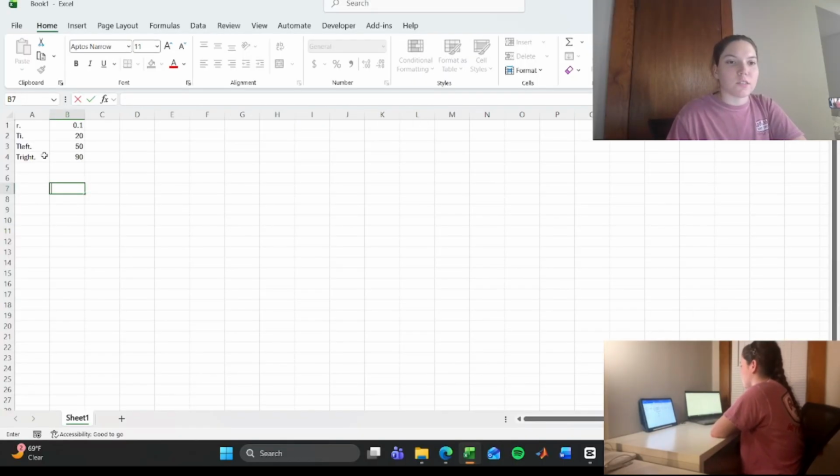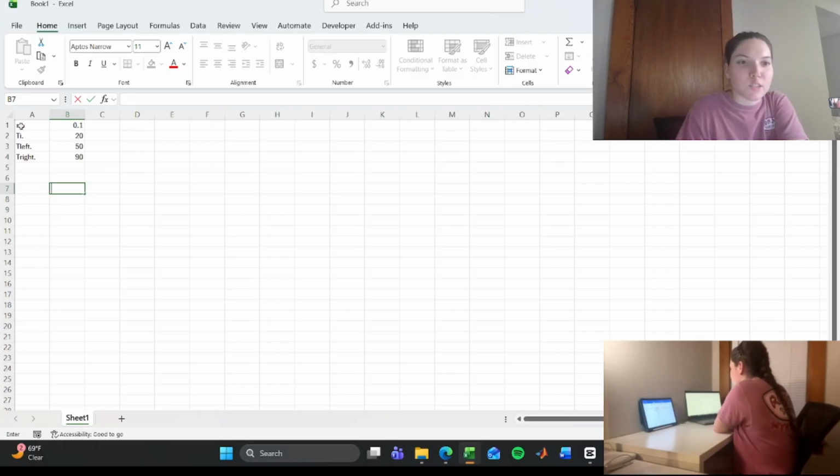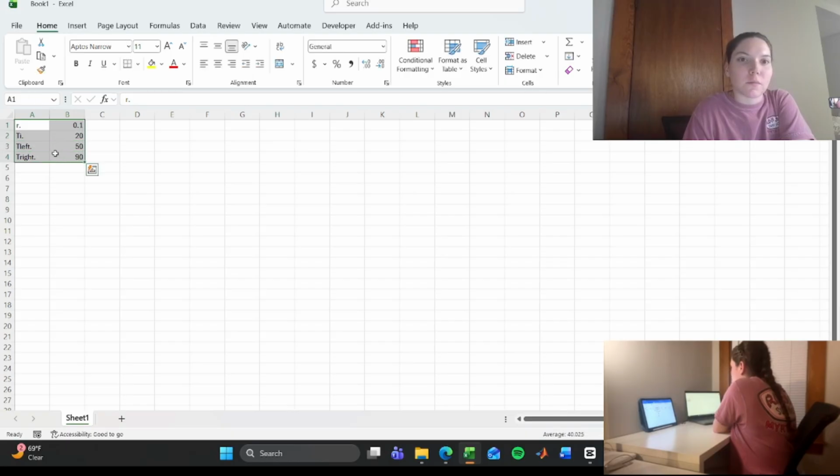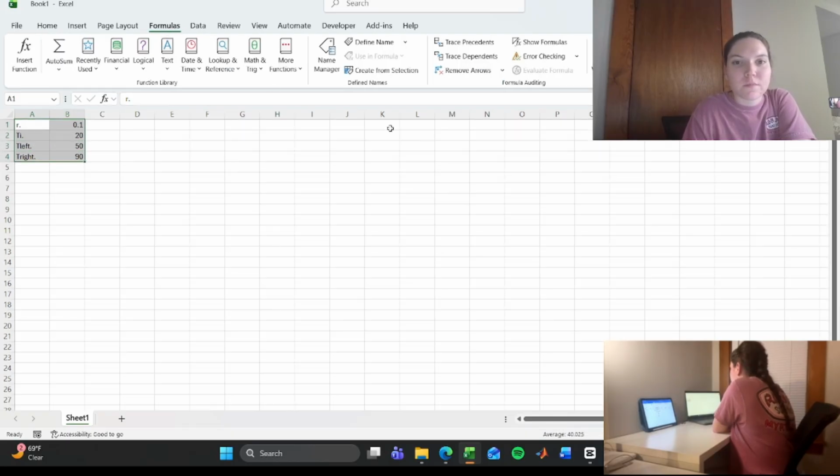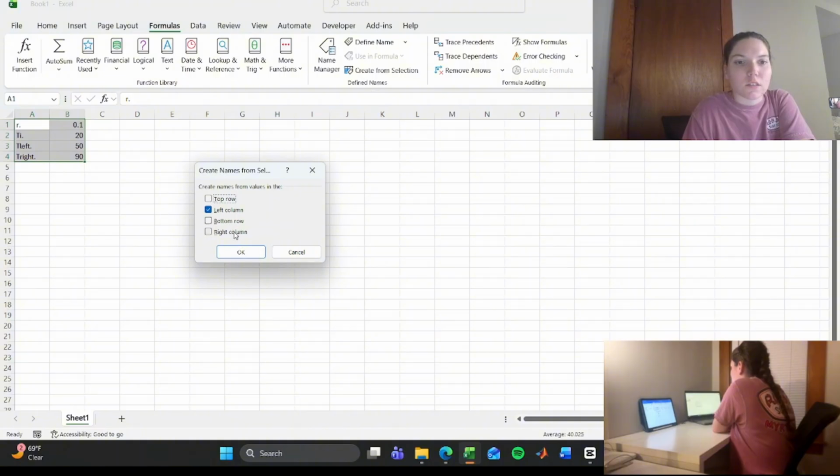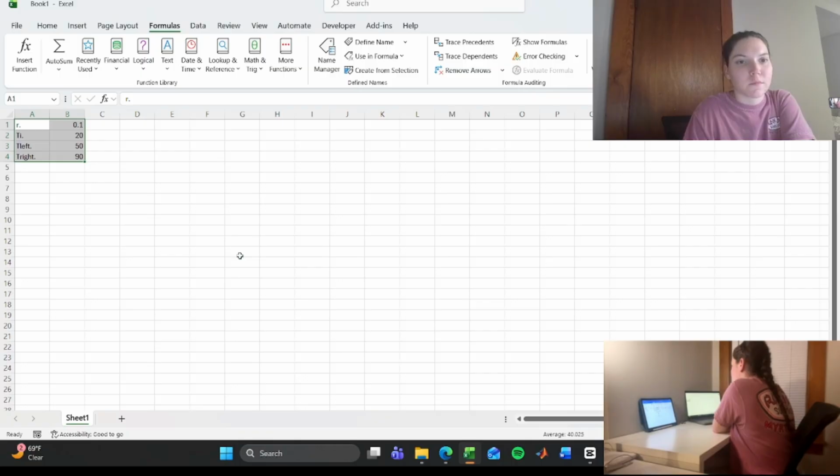I just realized that you couldn't see my screen, but hopefully this is better now. Let's make these variables. The left column is going to be the names, and the values are on the right. So here's that all done.